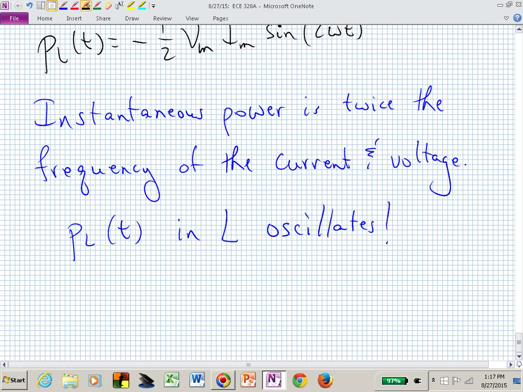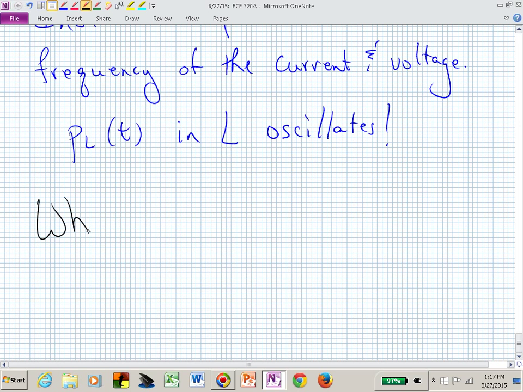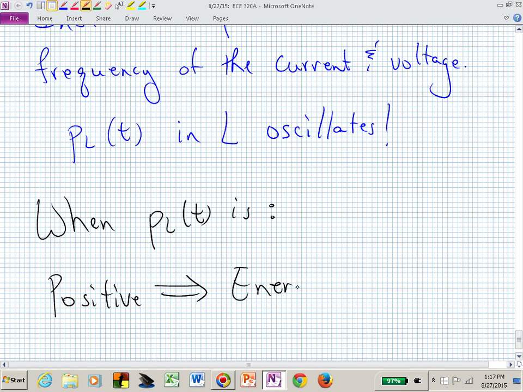And as I tried to describe before, when P sub L of t is positive, then we are putting energy into the magnetic field, or energy is stored in the magnetic field of that inductor. When the instantaneous power is negative, it's getting pushed back into the system. It's like playing catch with that energy. It takes some, then it gives it back, takes some and gives it back, and it never gets tired.